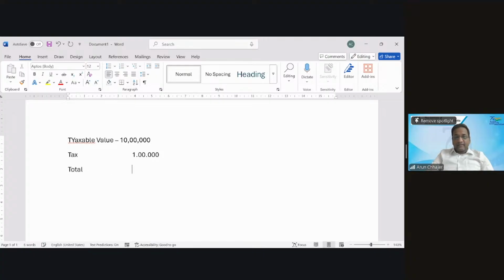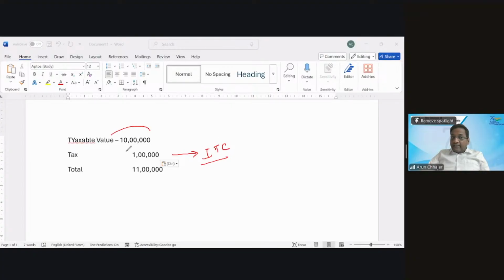Total is 11 lakh. So I can take both at the same time. I can take the ITC of 1 lakh rupees and take the depreciation on 10 lakh rupees.